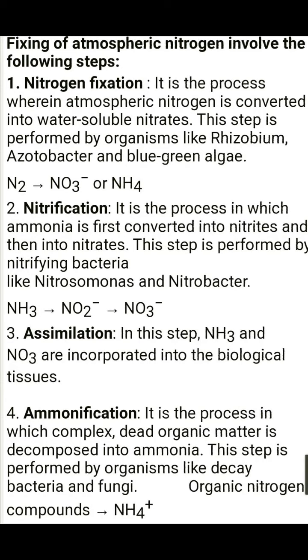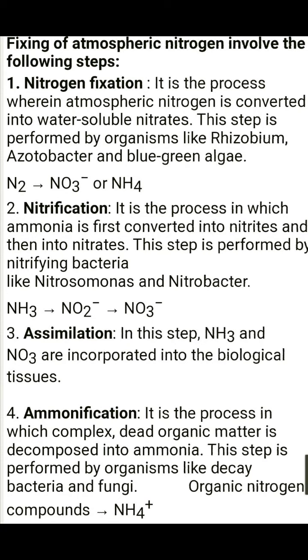So this atmospheric nitrogen has to be converted into water soluble nitrates, and that occurs during the nitrogen fixation process. This step is performed by organisms like Rhizobium, Azotobacter and blue-green algae. N2 is the formula of nitrogen, which gets converted into NO3-, nitrate, or NH4, the ammonia form.